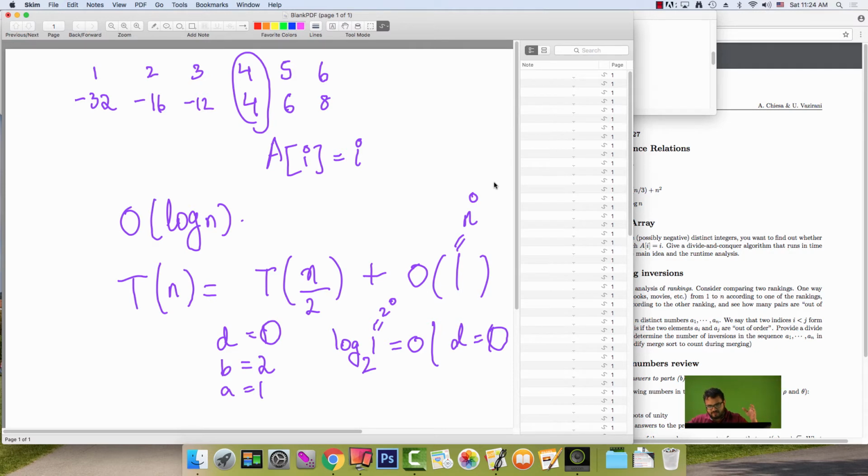So we have 0 and we have 0. This is the equal case. And in the equal case, master theorem says n to the power d times log n. But d for us is 0. So this is just log n. This is how we get the log n runtime. Typically, this is generally how you would get a log n runtime. Just have O of 1 and T of n over something. So if it was T of n over 3, then the log base would be 3. But this is typically what recurrence relations look like for log n problems.